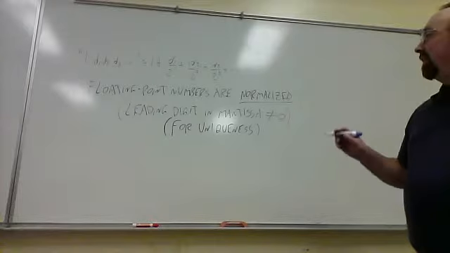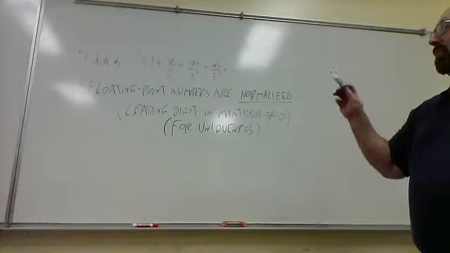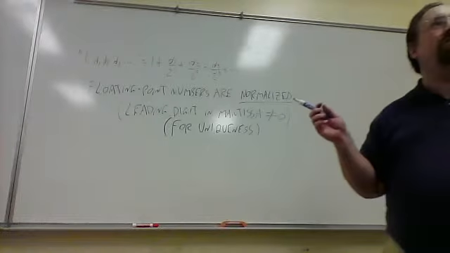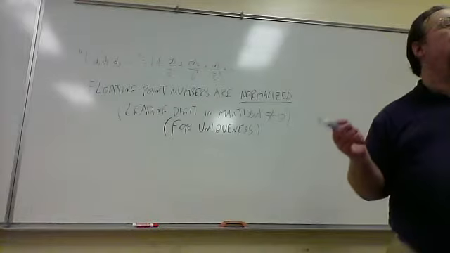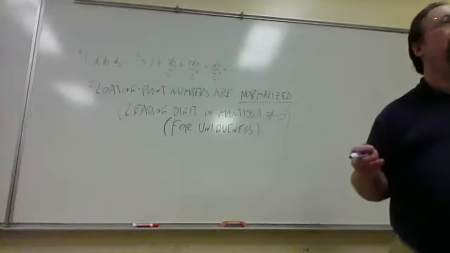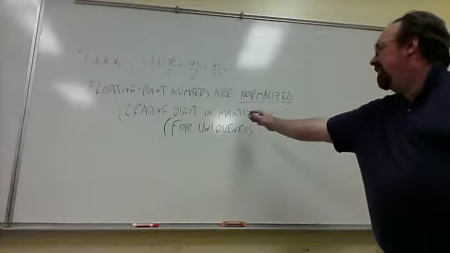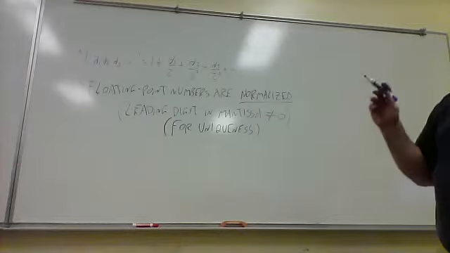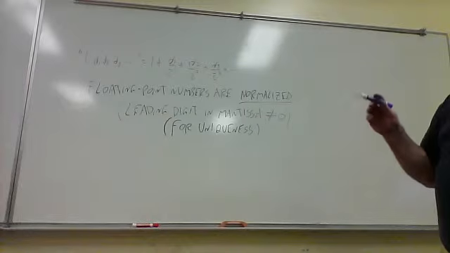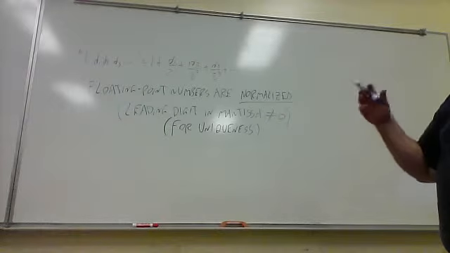Okay. Now, there is one exception to this rule, because one drawback of normalizing is you don't have a way to represent 0 exactly. You can make a number that's really small, but 0 itself is not going to happen because you're required to have a non-zero digit. So IEEE makes one exception to the practice of normalizing.